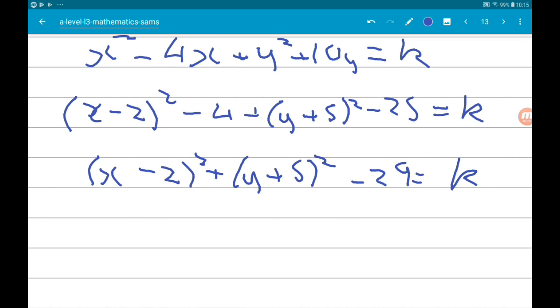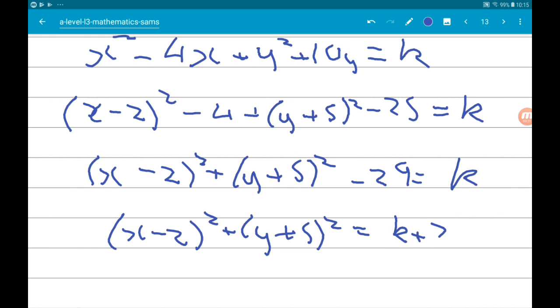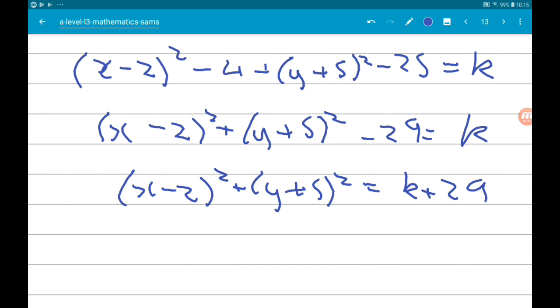So if we add 29, we get on the right k add 29. Now from that one, we can get that the centre is positive 2, minus 5.